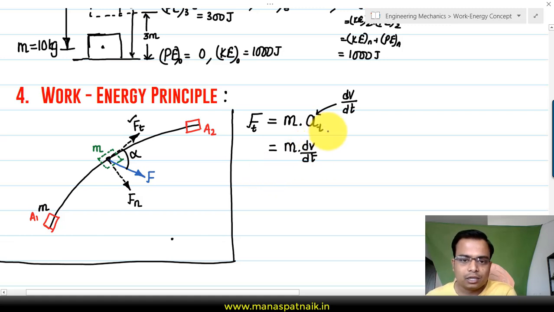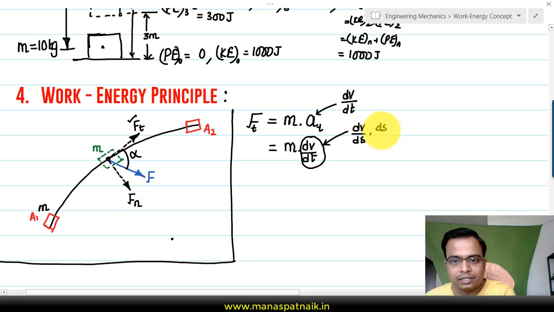Now guys, you have to watch this very carefully. This dv over dt can be written as a product: dv by ds dot ds over dt. So both the ds will cancel out, and dv by dt will remain. This is exactly how we can write dv over dt.